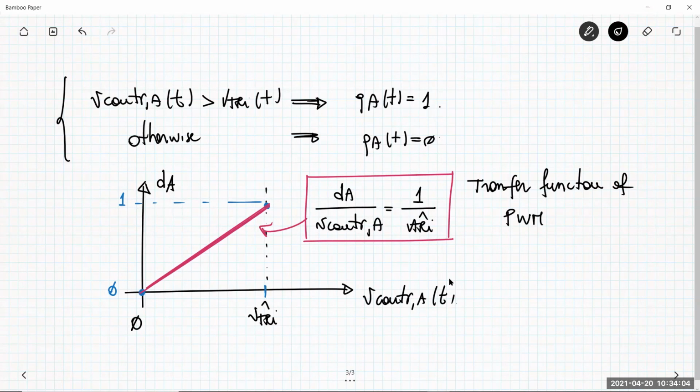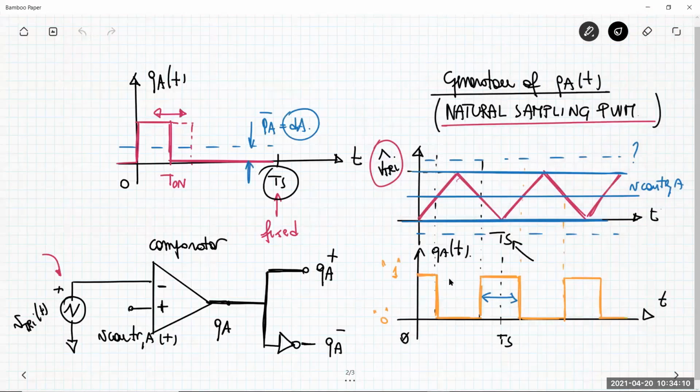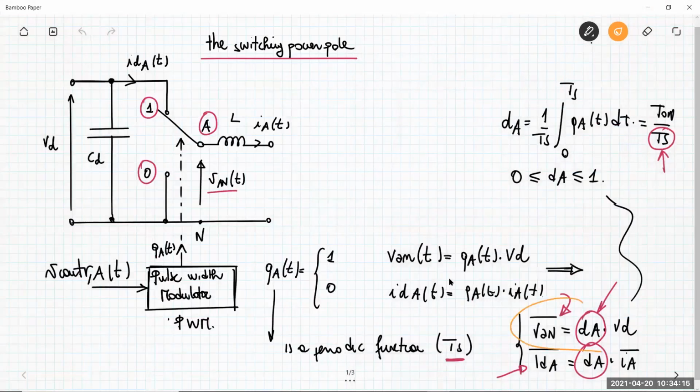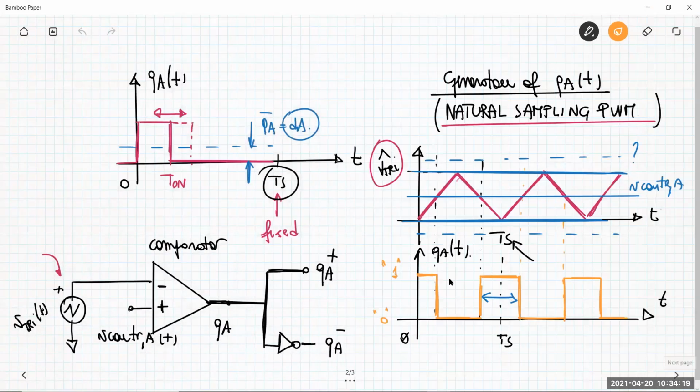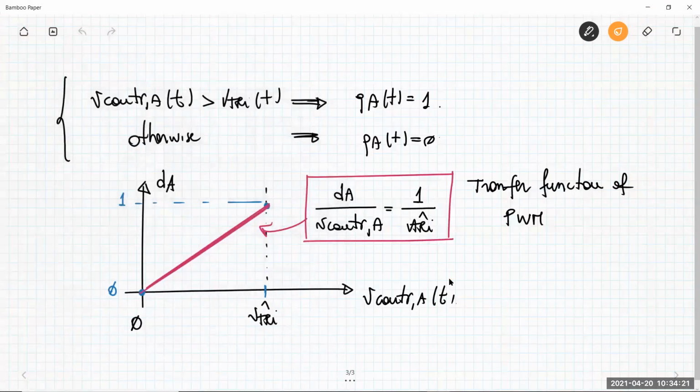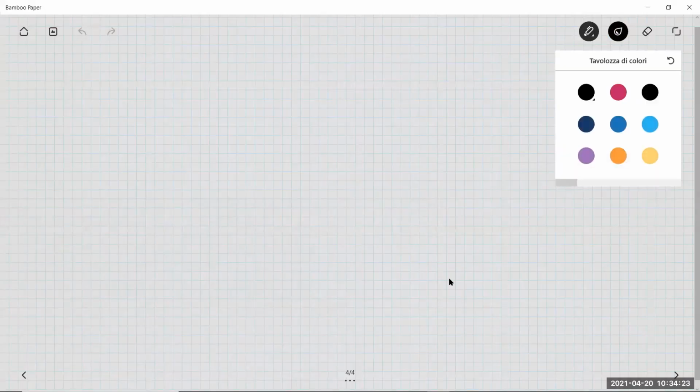If you use this transfer function, for example, let me consider this expression for the average voltage at the output port, VAN average value.